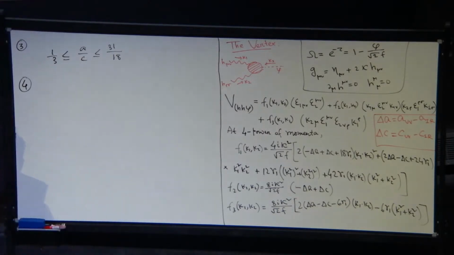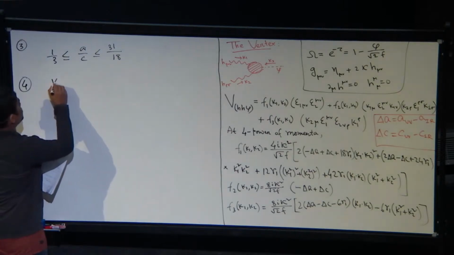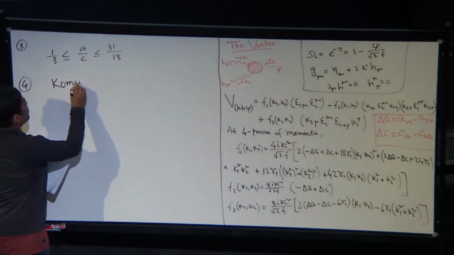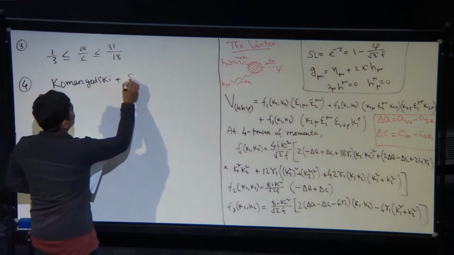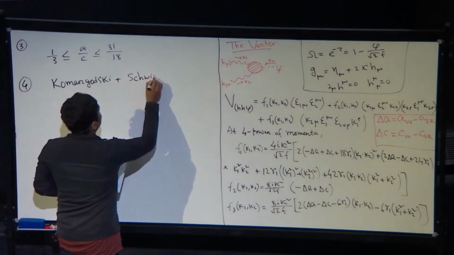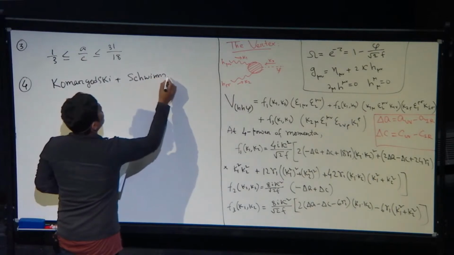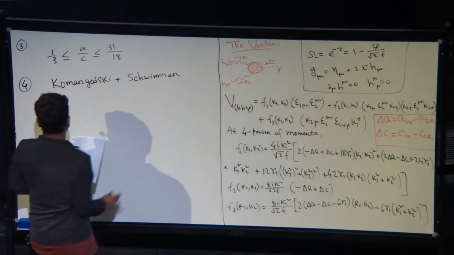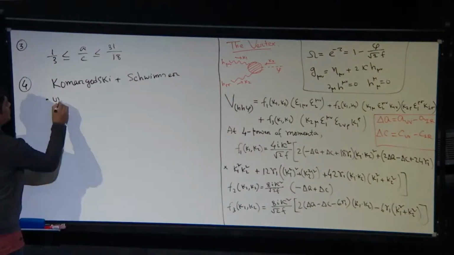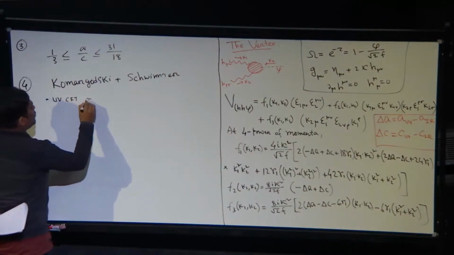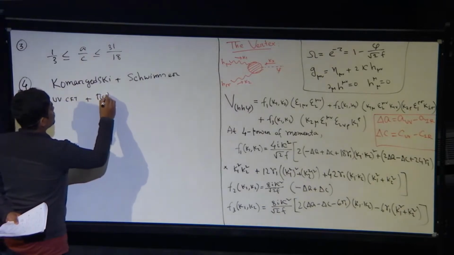the A anomaly coefficient. To do that, we basically use the proposal of Komargodski and Schwimmer. What we studied: we considered that there is some UV CFT, and we deformed it by some relevant deformation.